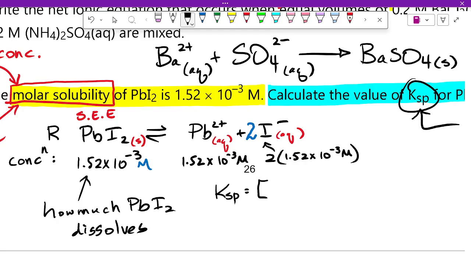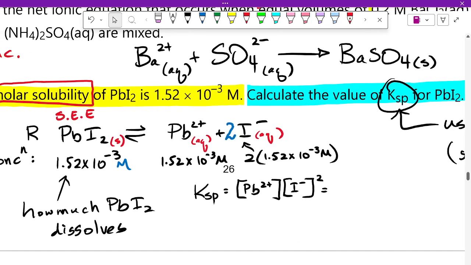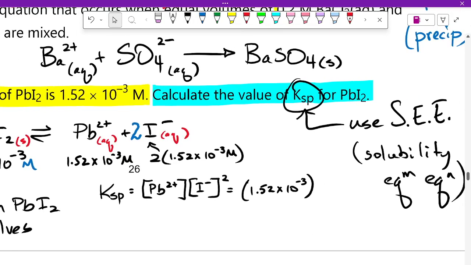Concentration of Pb2+ times the concentration of I minus to the power of 2. And then that's going to be equal to, and then we just plug in our numbers, 1.52 times 10 to the negative 3 times, oh my God, I'm running out of room here, and I'm going to multiply that by 2 because I don't want to have to write it out. It's too much room. 1.52 times 2 is 3.04.